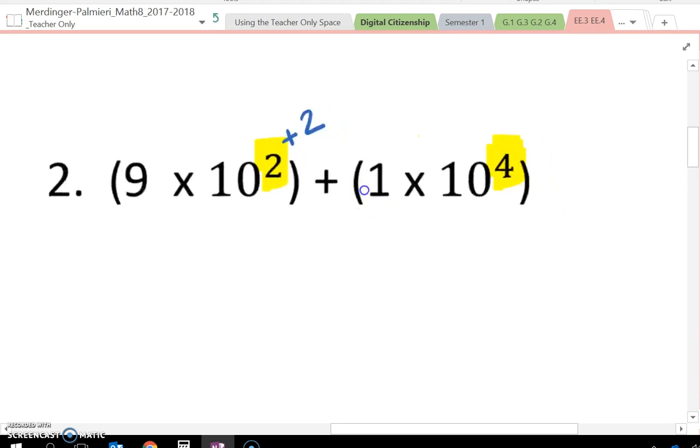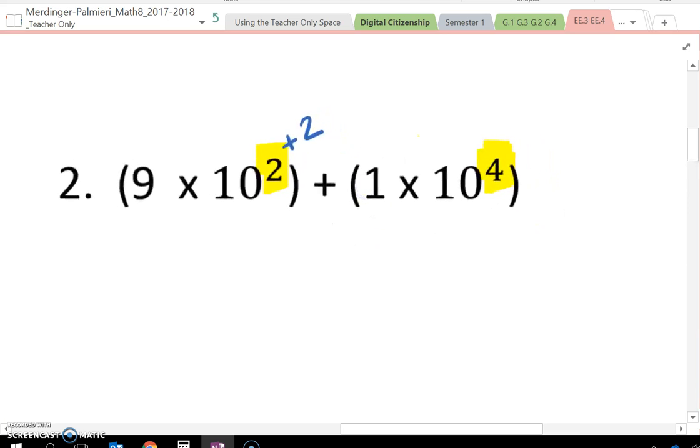Now, you've heard me say that when we're adding spaces or taking away spaces, you have to actually move the decimal point on your first factor. So if I'm adding 2 to the exponent on the 9, your 9 has a decimal behind it, and in adding 2, we are going to move 2 additional spaces. So your new first factor is 0.09.